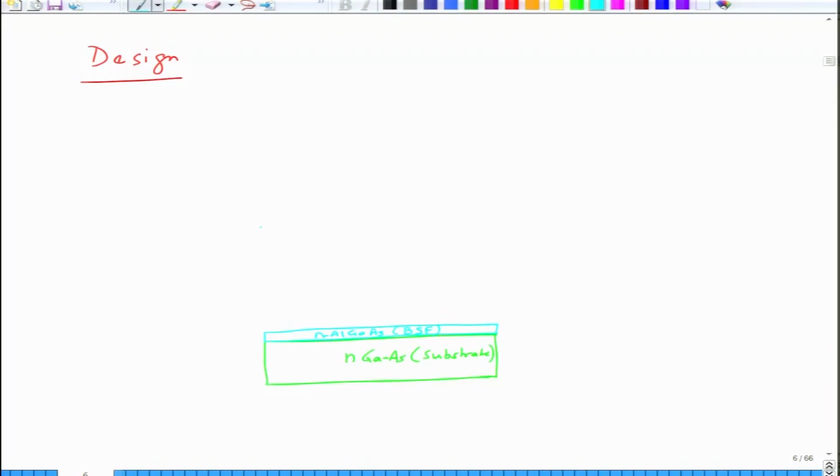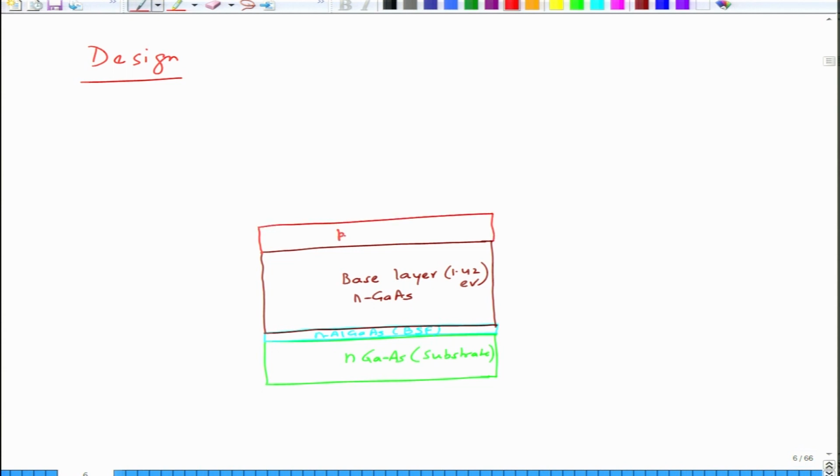And then we have base. So, if I make the base, this is the base layer. Base layer is made of N gallium arsenide, and this has of course 1.42 eV of band gap, and on top of this we have emitter.